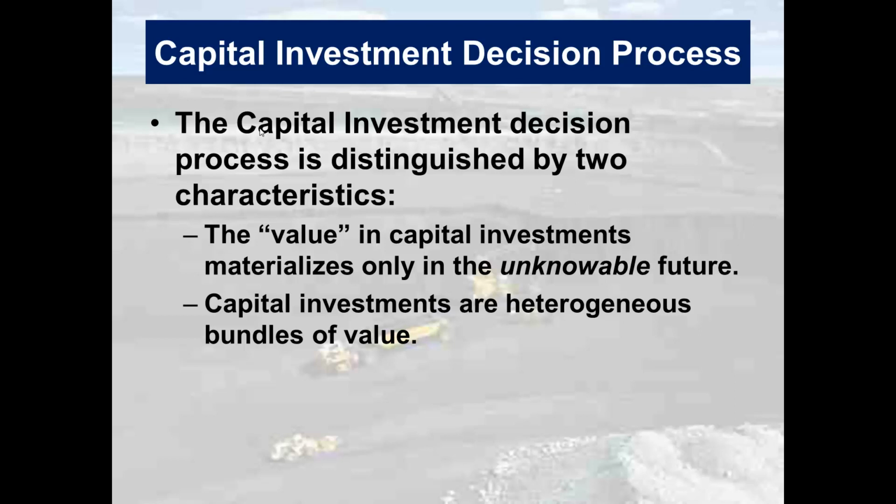So they are heterogeneous bundles of value. Consumer goods can be tried and returned with little loss of value, and the choice is informed through the benefit of repeat purchases. The example given in the book is that the second-hand value of a mine shaft built to access an unknown ore body cannot readily be returned for money back or turned to some other purpose, like you can with consumer goods.